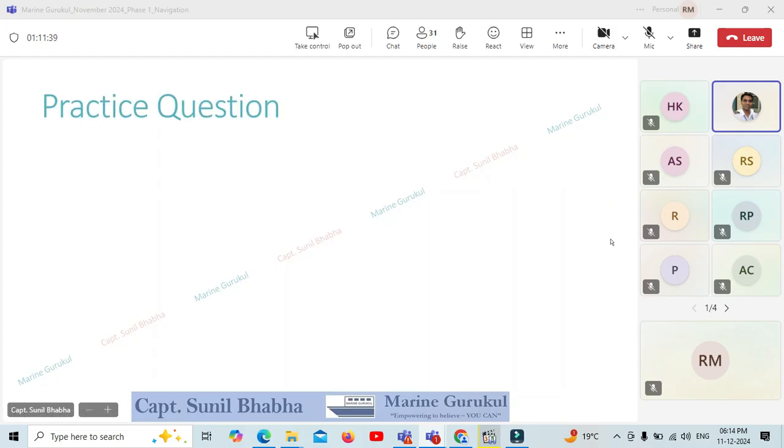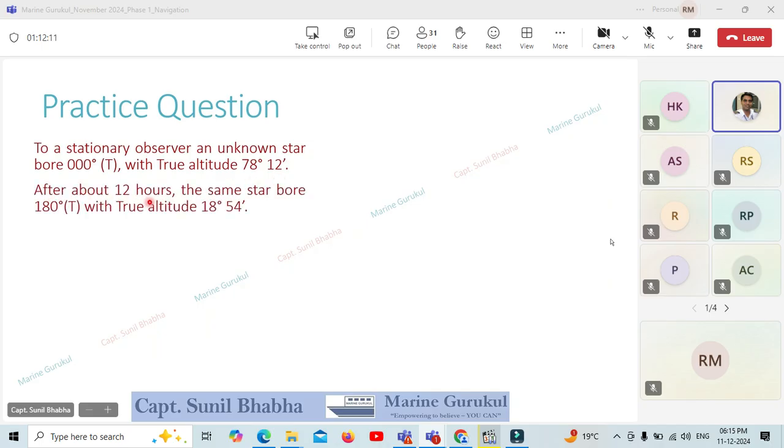Let's now practice a numerical question based on the concept of circumpolar bodies. We have the basic understanding of the circumpolar bodies now. So let's go into this question. The question says, to a stationary observer, an unknown star bore 000 true with a true altitude of 78 degrees 12 minutes.